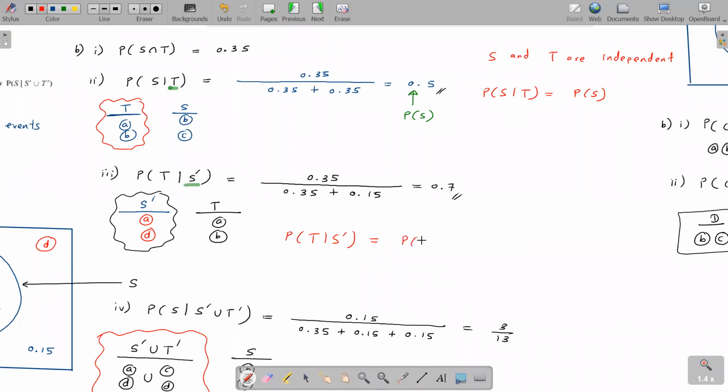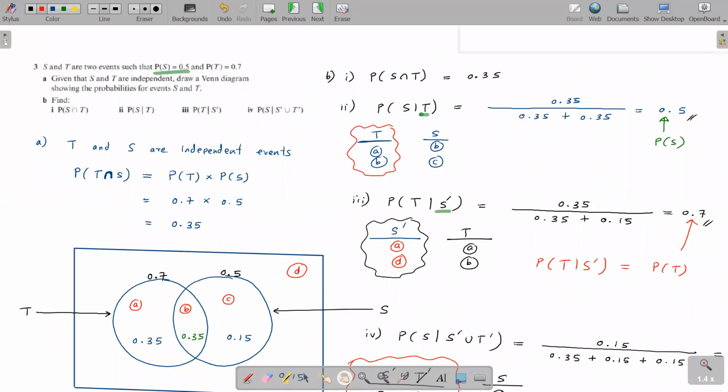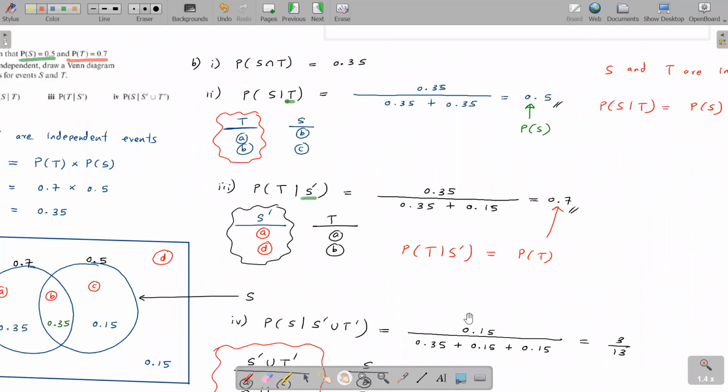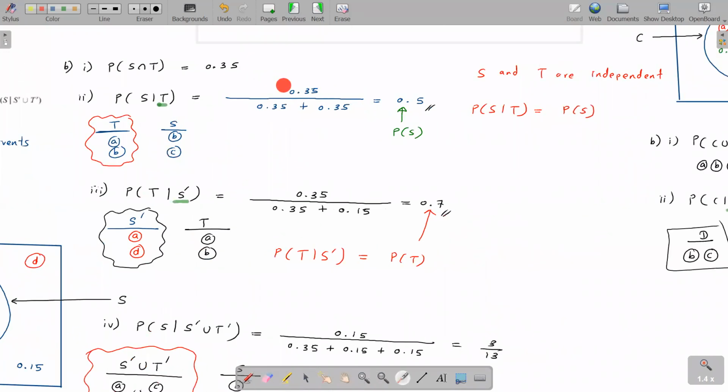So this is equal to the probability of T. Is that the answer we got here, 0.7? Is that the probability of T? Yes, you can see here the probability of T is 0.7. So we got the answer even though we did this the manual way. You can see that we can get these two answers without going through these calculations.